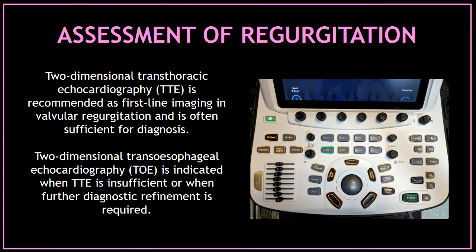So, how do we assess a regurgitation? Two-dimensional transthoracic echocardiography is recommended as first-line imaging in valvular regurgitation and is often sufficient for diagnosis. Two-dimensional transesophageal echocardiography is indicated when transthoracic echocardiography is insufficient or when further diagnostic refinement is required.